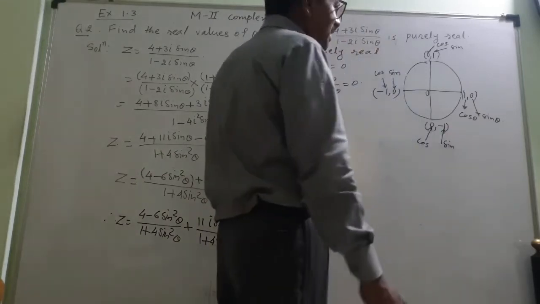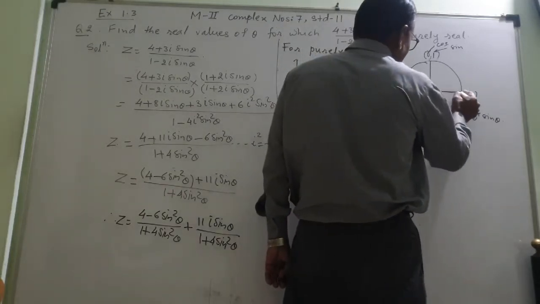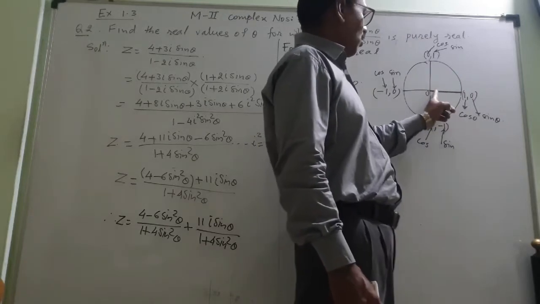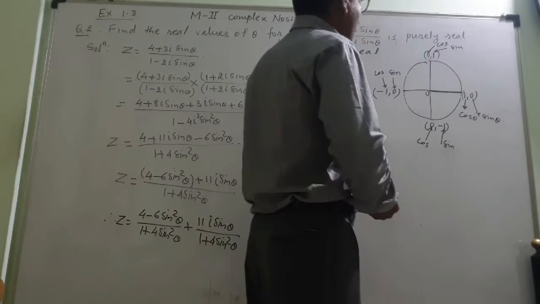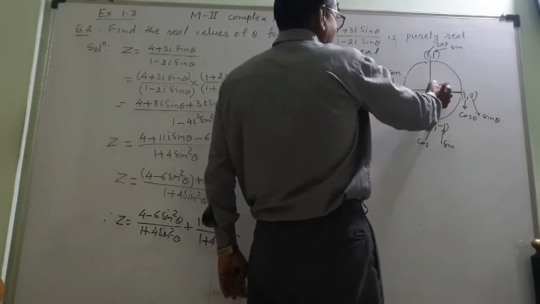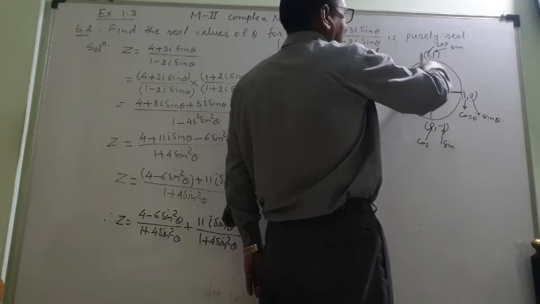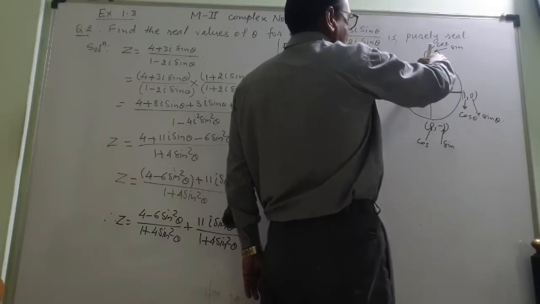So which are those angles? On this axis, what is the angle? 0. That means cos of 0 is 1. Sine of 0 is 0. If I come here, it will become 90 degrees. Cos of 90 is 0. Sine of 90 is 1.